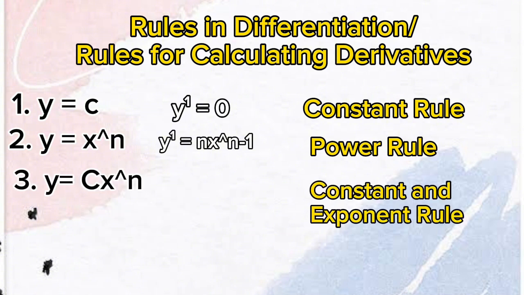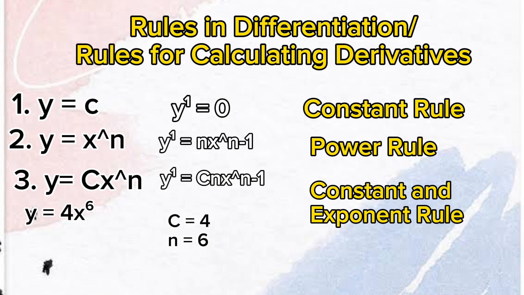Next is the constant and exponent rule. In this rule, the power rule and the constant rule are being combined. If we have the function y is equal to cx raised to n, the derivative would be y prime is equal to cn x raised to n minus 1. Here, we need to find the constant and its n value. For example, we have the function y is equal to 4x raised to the 6th power.